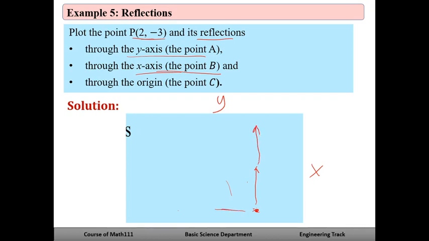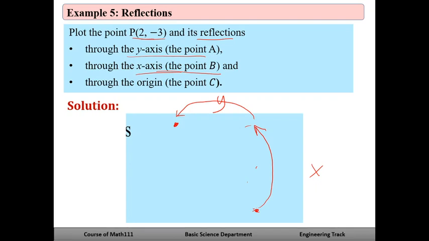Then here you go 2 units. You take both reflections separately and connect them here. Or I will say take the reflection with respect to x-axis and then take the reflection with respect to y-axis.